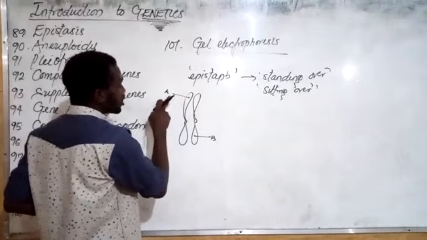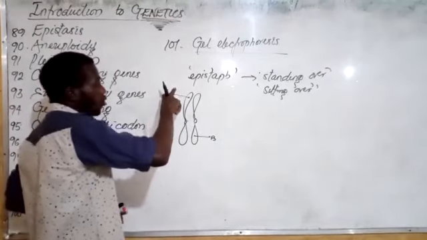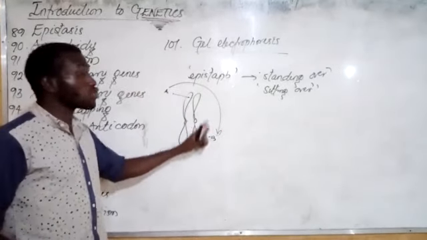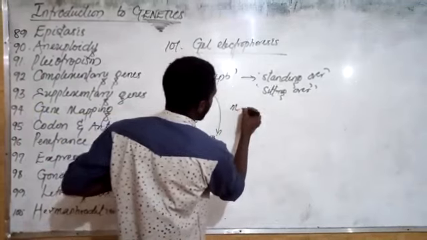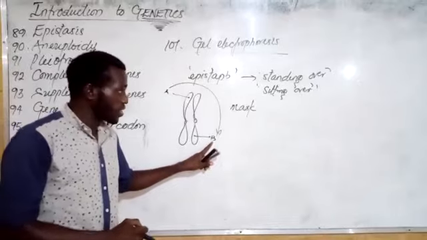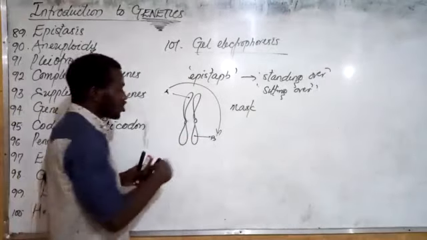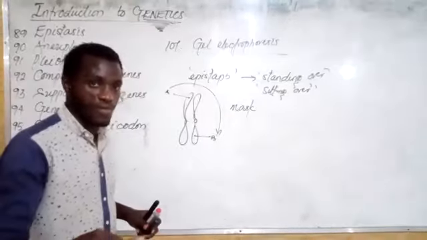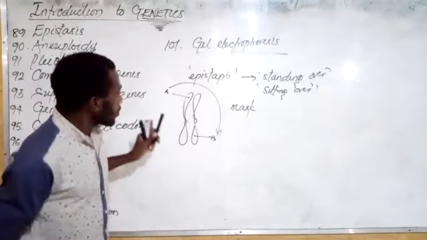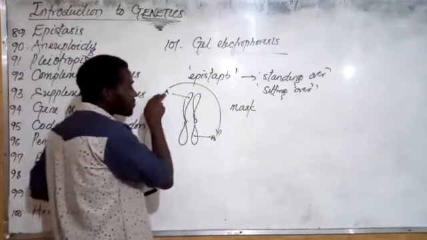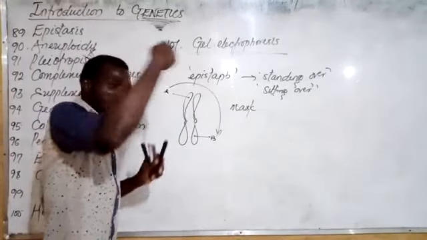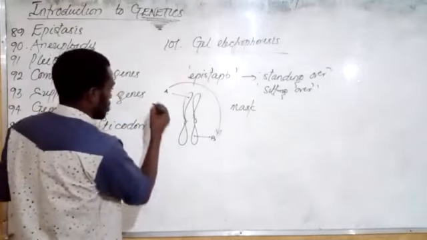So this gene on a different locus is having influence over gene B, and usually the kind of influence it has is one that makes it mask gene B, or sit upon it, such that gene B is unable to express itself, or it determines how gene B is expressed. So when such happens, we say that gene A is epistatic over gene B. We call that gene that is having that influence over the other the epistatic gene.